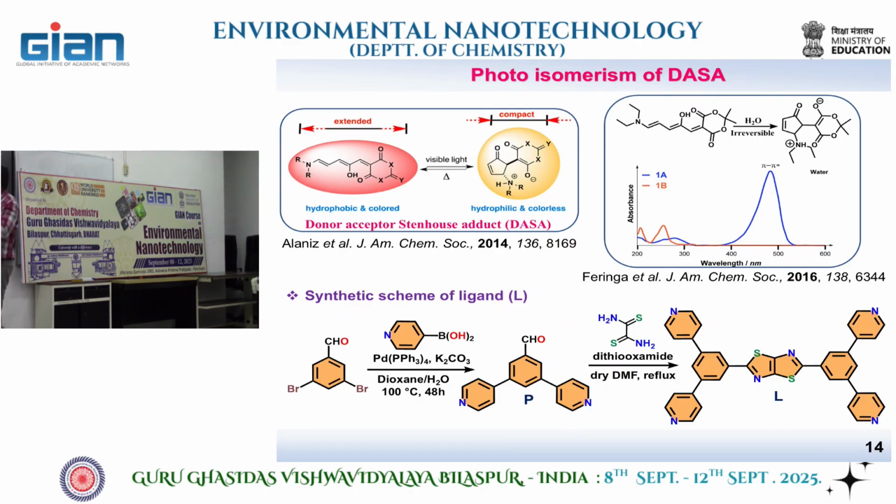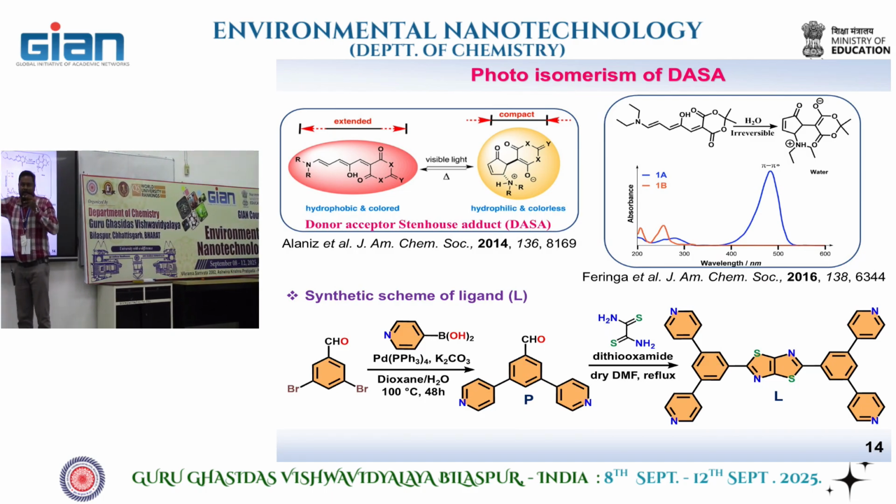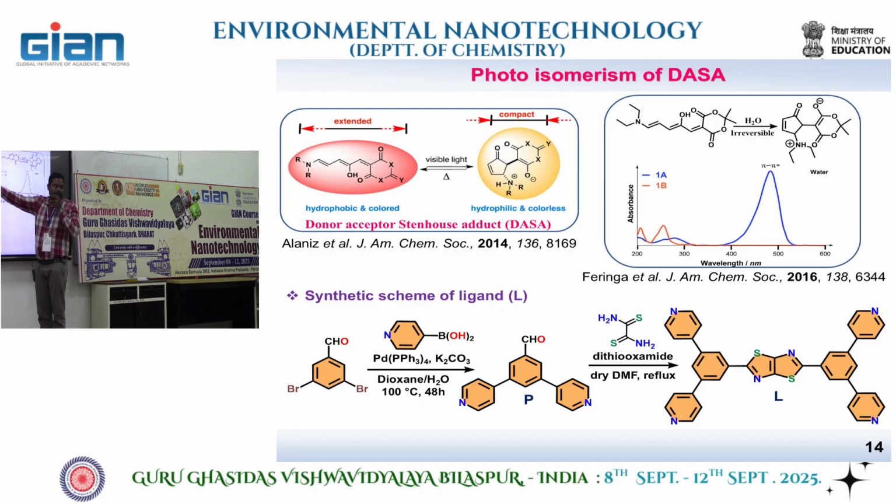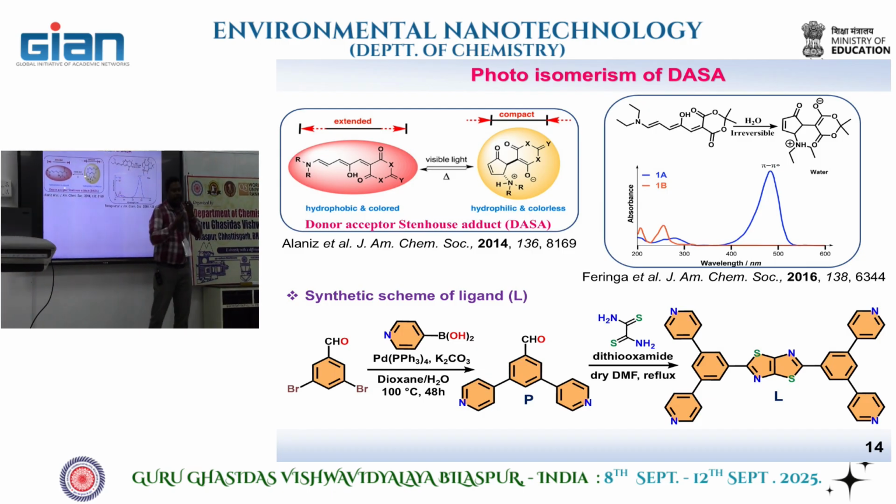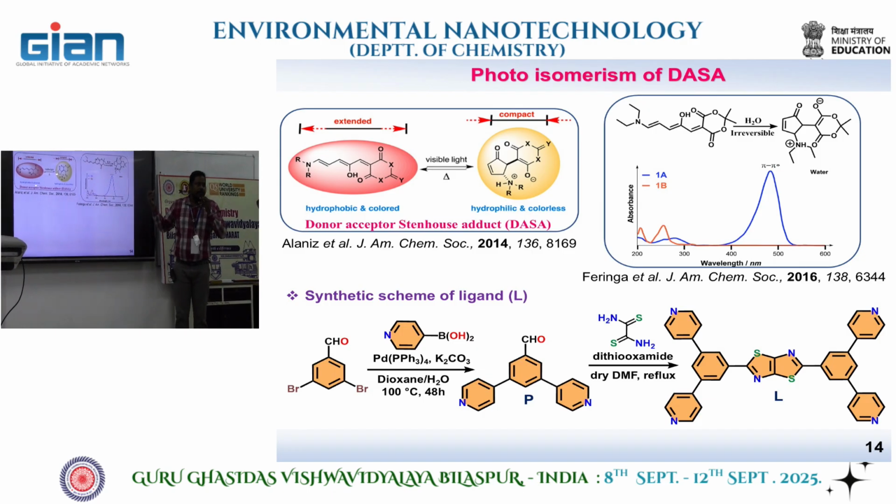For example, this linear structure is stable in organic solvent because it is organic. When it converts to another structure, it is a dipolar structure, plus minus, so it is not stable in organic solvent. In organic solvent you will see a red color because it is conjugated. In protic, aqueous solvent, you will see a yellow color.